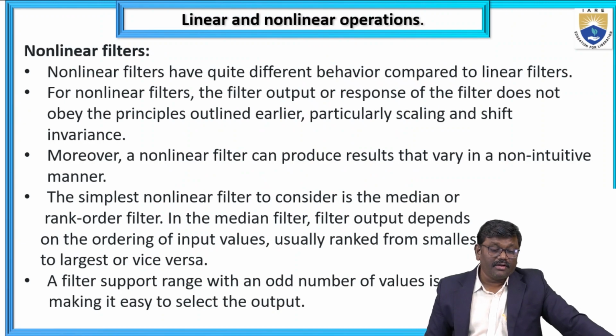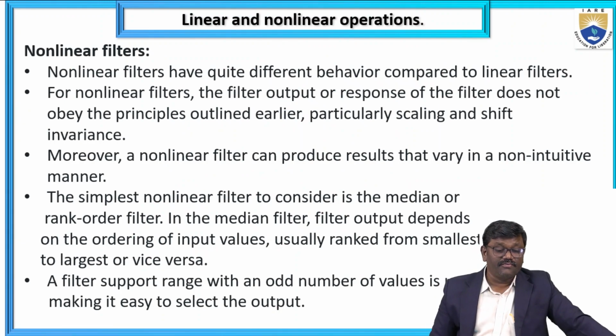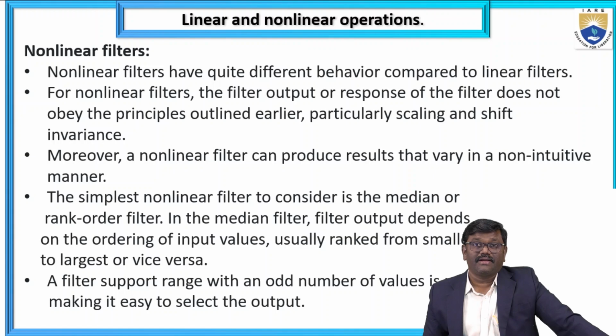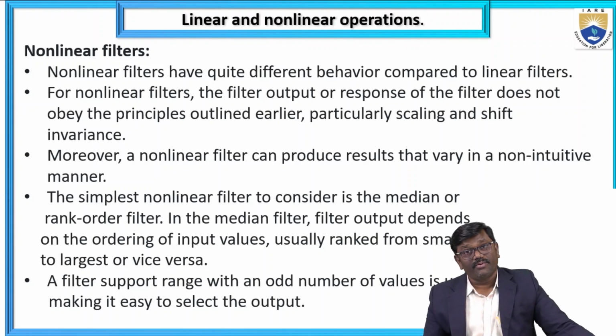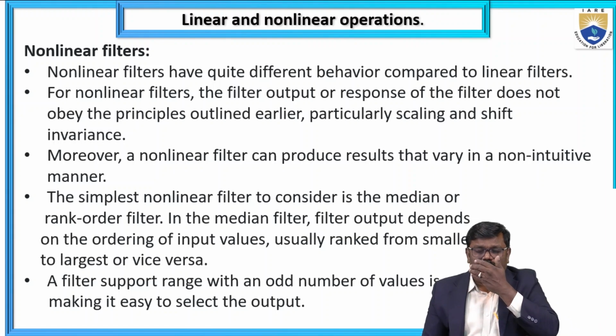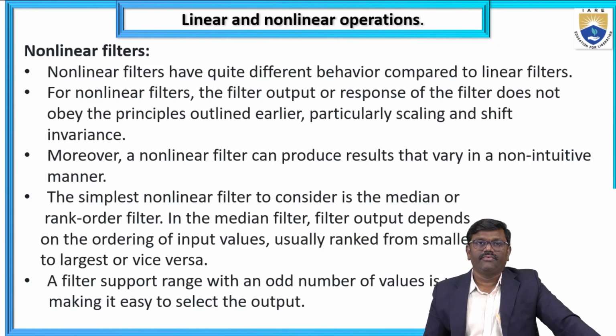Right. Now coming to the nonlinear filters, we extended them to understand the different behavior compared to the linear filters, where the output or response of the filter does not obey the principles of scaling or shift invariance, which is why we call it nonlinear. Moreover, a nonlinear filter can produce results that vary in a non-intuitive manner.